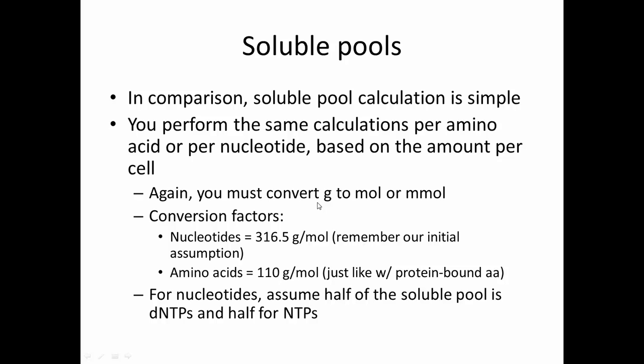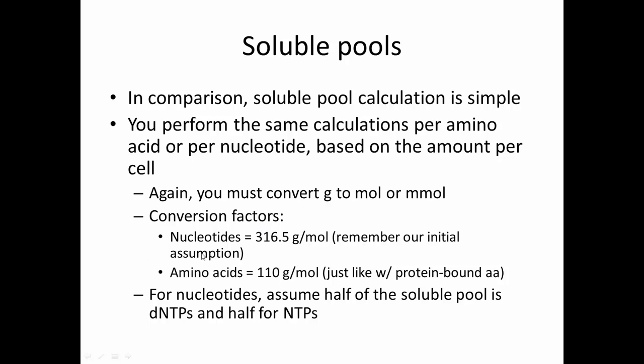Soluble pools, in comparison, your soluble pool calculation is a little bit simpler. You perform the same calculations per amino acid if you're talking about amino acids, or per nucleotide if you're talking about nucleotides, based on the amount per cell, which you can get from Table 211. Again, you must convert grams either to moles or millimoles, and you just have to make sure your units agree with each other.